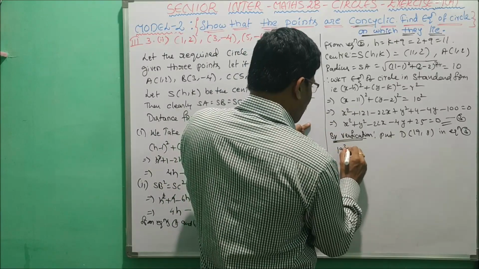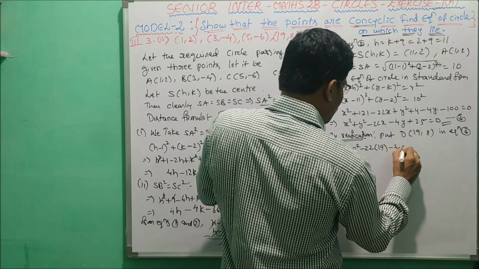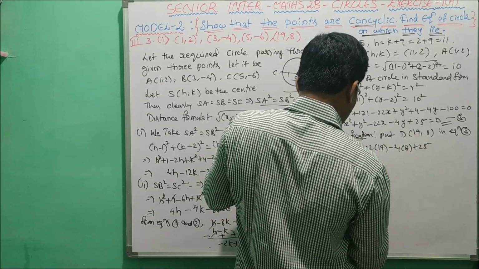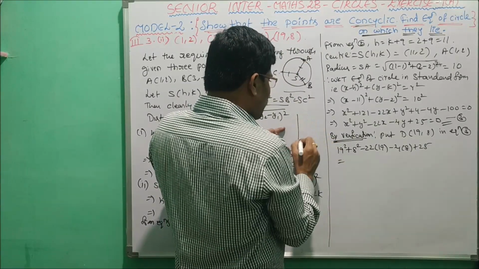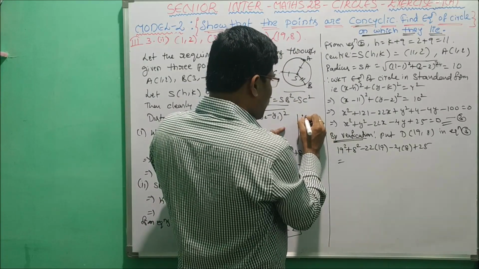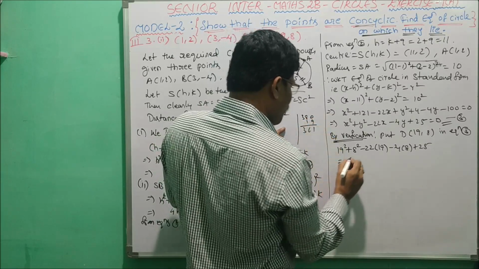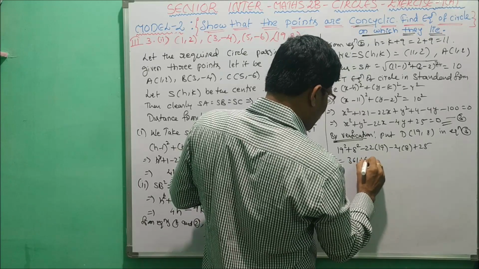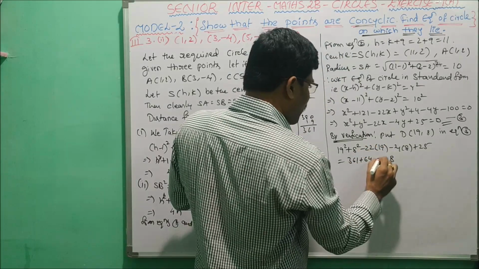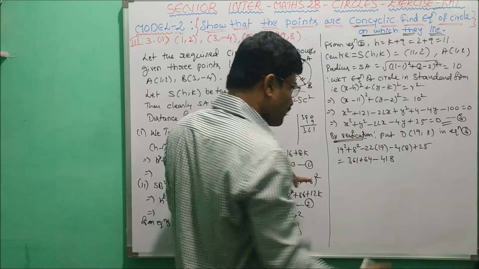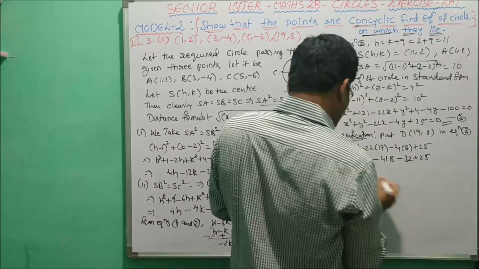So 19 square plus 8 square minus 22 into 19 minus 4 into 8 plus 25 equals, here 19 square means 19 into 20, 380, minus 19, so 361. This is 361 plus 64. 19 twos are 38, plus 3, 41. Minus 4 eights are 32, plus 25.